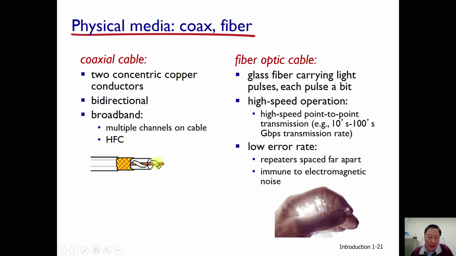Even though we are using this single line cable, we can watch many different channels. If that is combined with the fiber, then that is called hybrid fiber coaxial. This is coaxial. Later, if that is combined in another area, then that is called HFC.